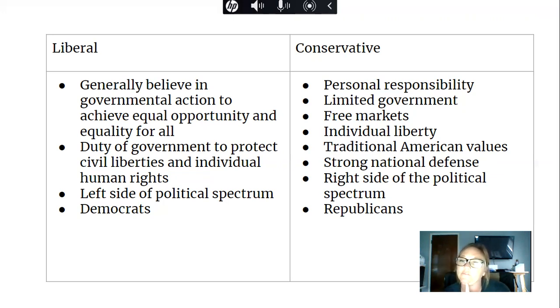They tend to believe in free markets, right? So very little, if any, government involvement or regulation in the economy. They believe in individual liberties, traditional American values, very strong national defense, and conservatives fall on the right side of the political spectrum, and a lot of the time they're going to identify as Republicans.